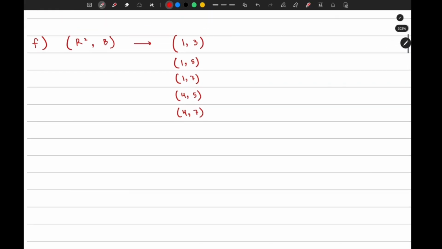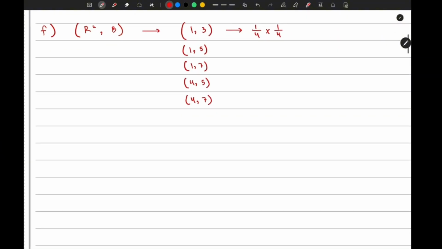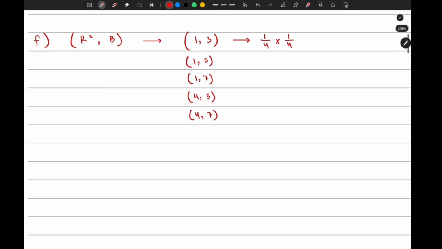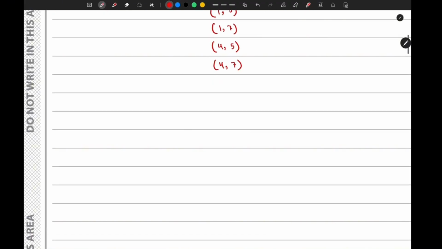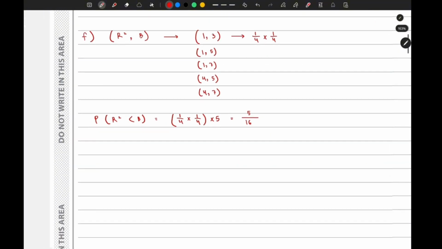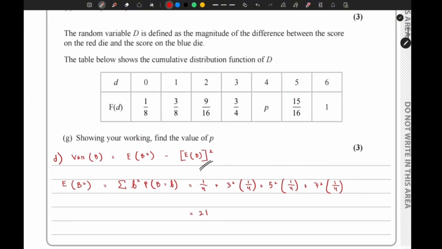Each of these probabilities will be 1 over 4 times 1 over 4. As you can see, there are 5 possible combinations. So the probability of R squared less than B is 1 over 4 times 1 over 4, multiplied by 5, which is equal to 5 over 16. So that is it for this part.